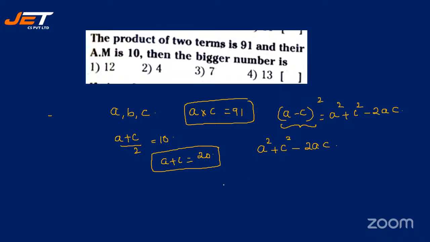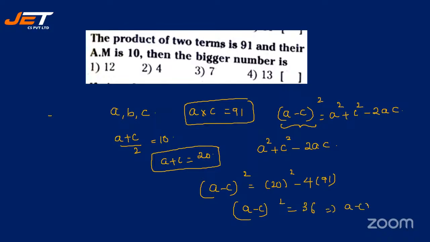So A minus C the whole square is 20 square minus 4 into AC. What is 4 into AC? It is nothing but 91. So 20 into 20 is 400 minus 91 into 4 is 364. So we get A minus C the whole square is 36, which implies A minus C will be plus or minus 6. So we take it as A minus C is equal to 6.